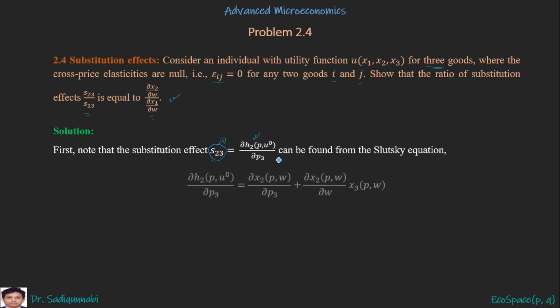This is the first derivative of Hicksian demand for good 2 with respect to the price of good 3, which equals the derivative of Walrasian demand of good 2 with respect to the price of good 3 plus the first derivative of Walrasian demand with respect to wealth W times the Walrasian demand for good 3. So it should be good 2.